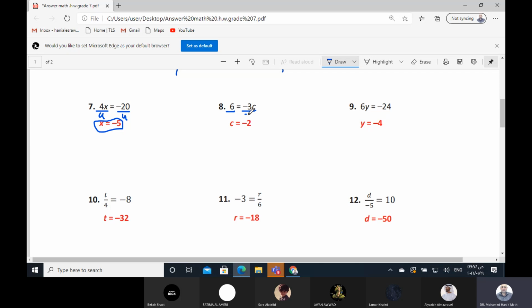Excellent, Leon. Divide by minus 3. So minus 3 divided by minus 3 will be 1. 1c means c. And 6 divided by 3 will be 2. And we have minus here, so the answer will be minus 2.